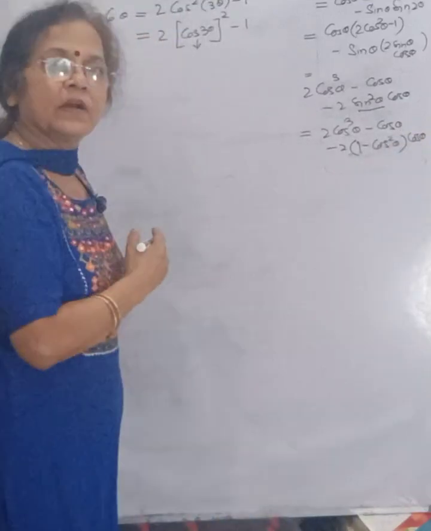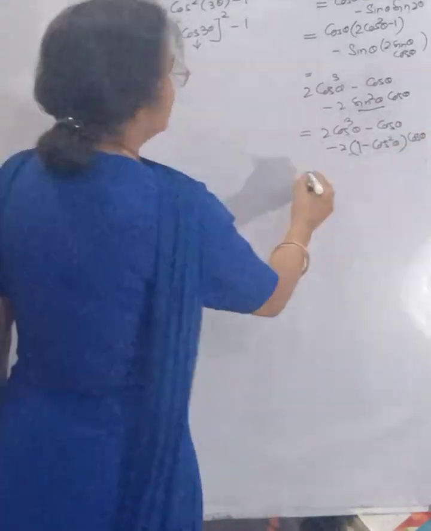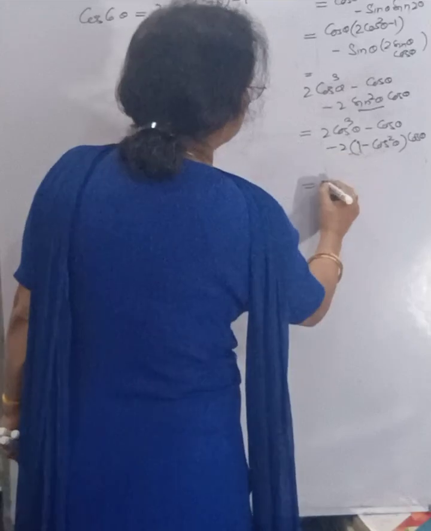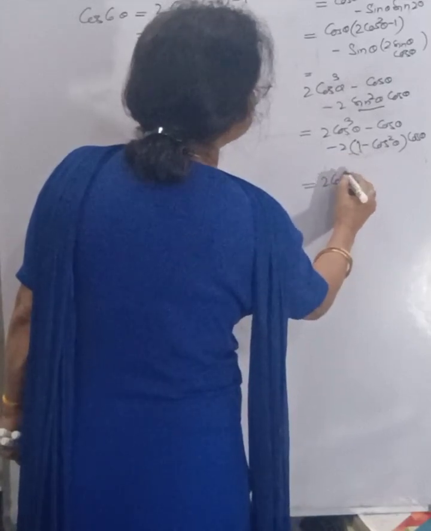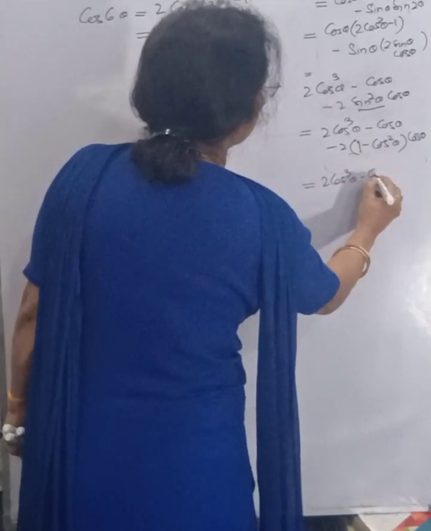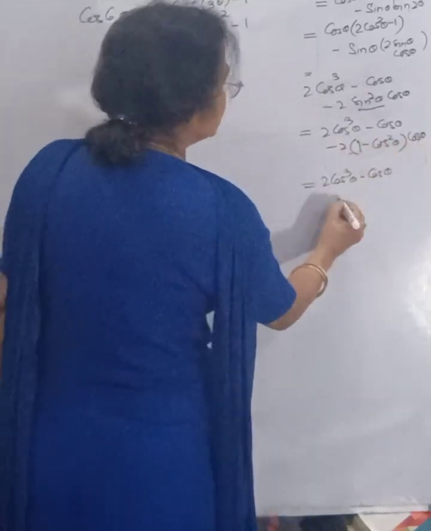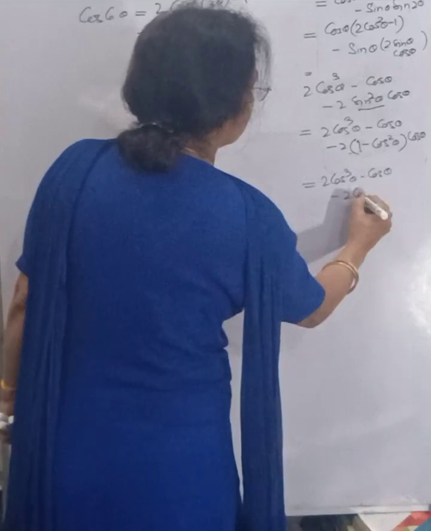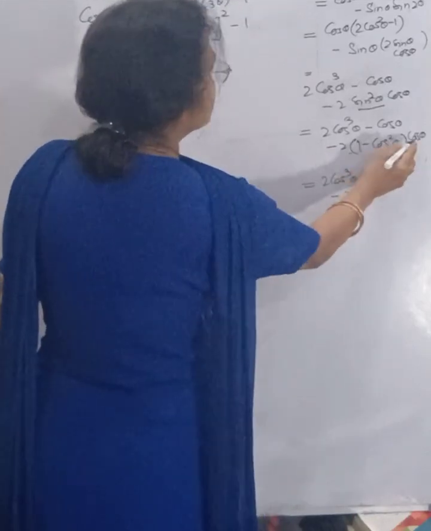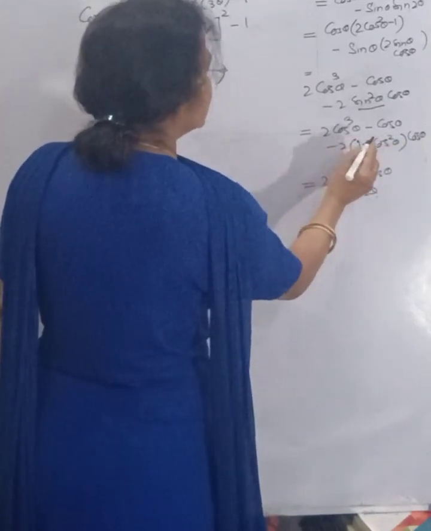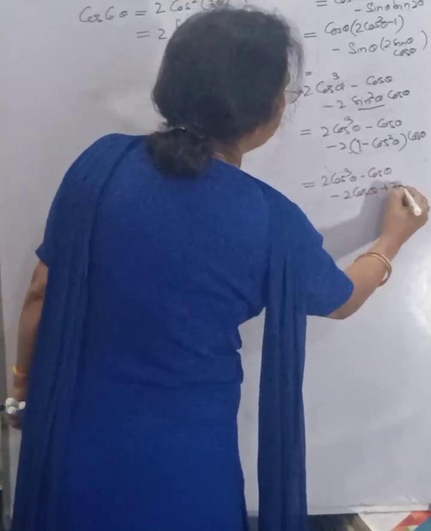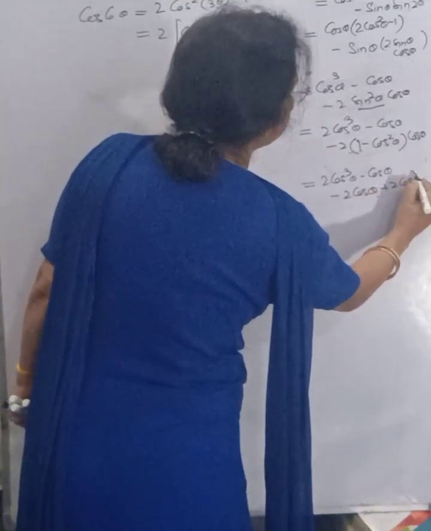Every term is now in cos. Open it: 2 cos cube theta minus cos of theta, and this 2 inside here minus 2 cos of theta.